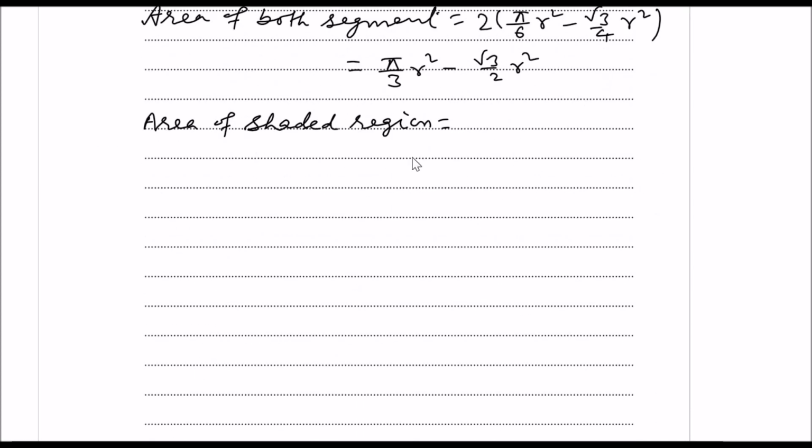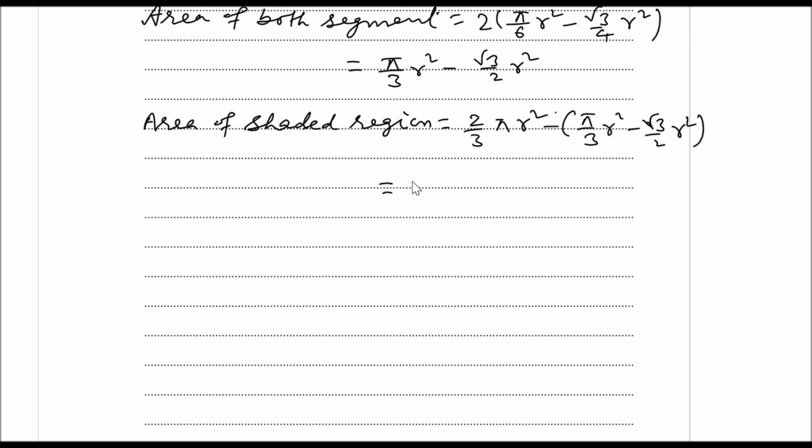So area of shaded region becomes 2 by 3 pi r square minus pi by 3 r square minus root 3 by 2 r square. So what we got here, area of both segments, that we need to subtract. And if you subtract, we get this.